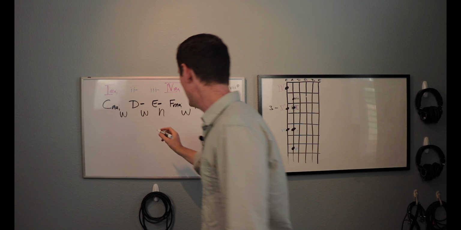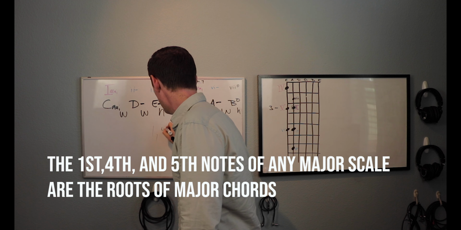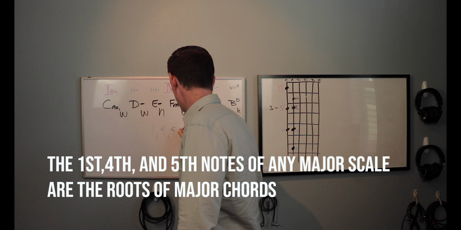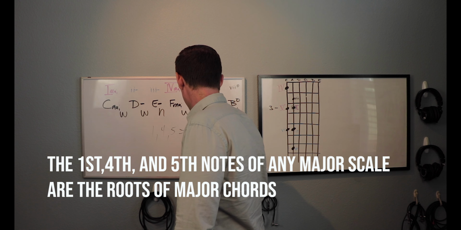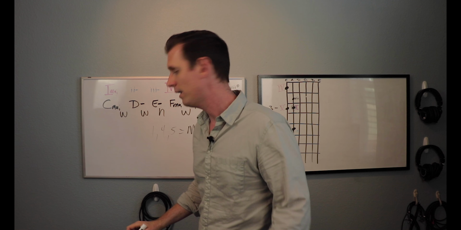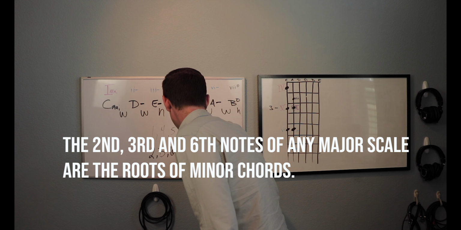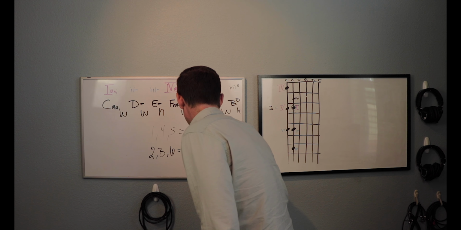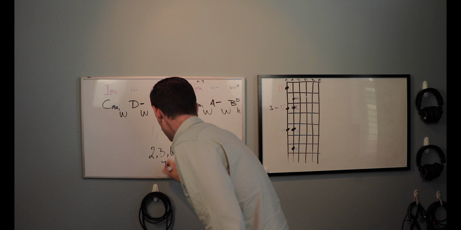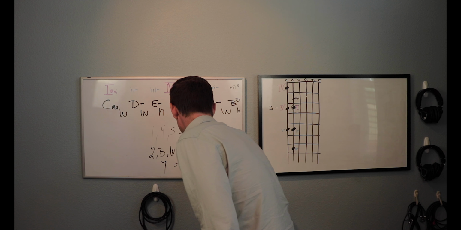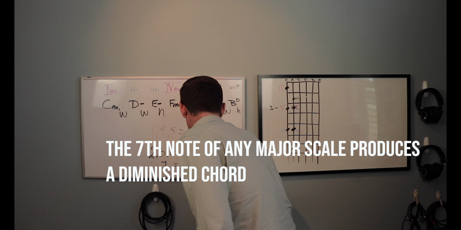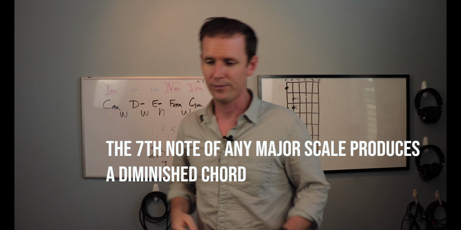In conclusion, the 1, 4, and 5 give you major chords, and the 2, 3, and 6 give you minor chords, and the 7th gives you diminished.